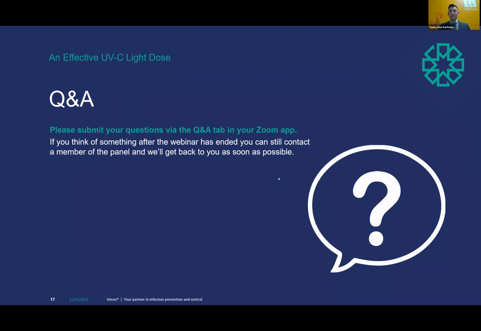At the moment, there isn't any standard to test your efficacy against UVC, and I know the BSI are working on one, so hopefully we'll see that in the future. A standard that assesses all the different technologies and gives them a level playing field would definitely be welcome for the industry, to make it easier to compare different technologies.